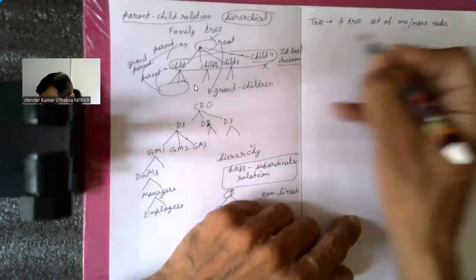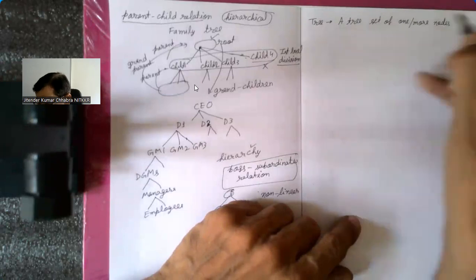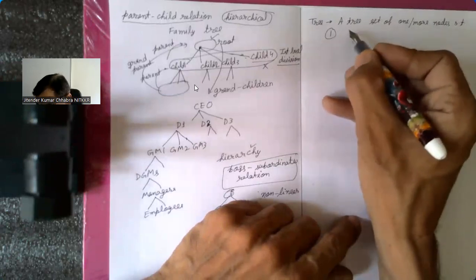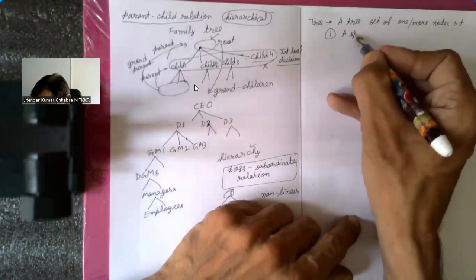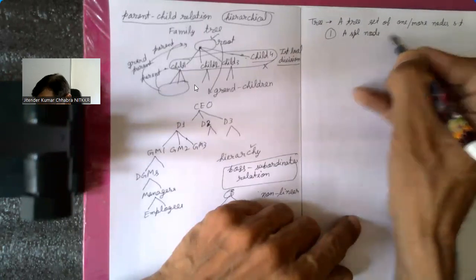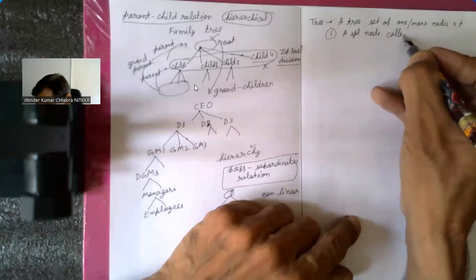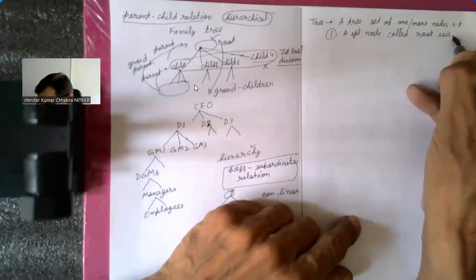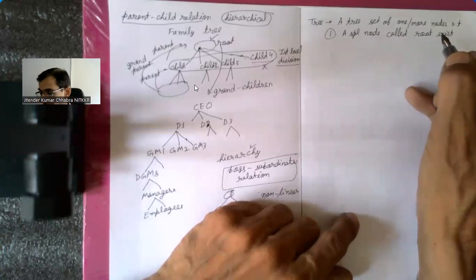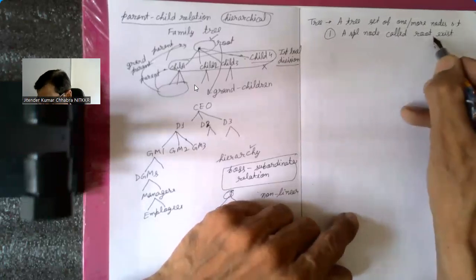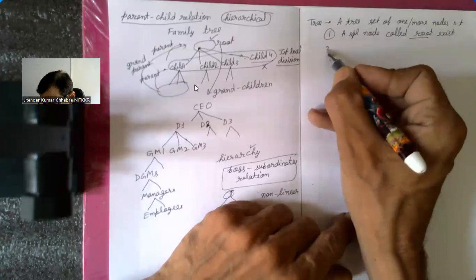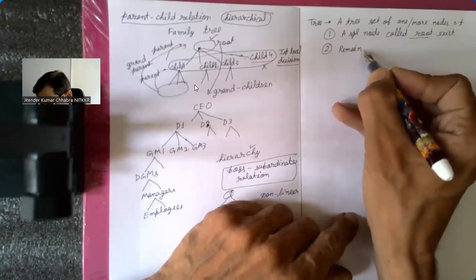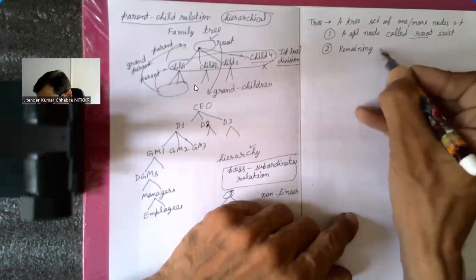Obviously, a special node exists, called the root. So if I say tree, it's not an empty tree. I say it has a special node called root. Then the remaining nodes are effectively partitioned into disjoint sets.